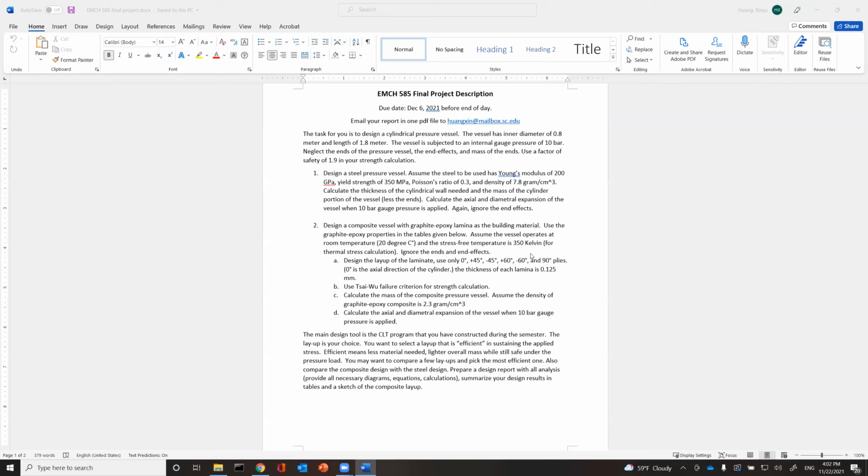And then you probably want to summarize the calculation for either case, and summarize the whole design, metal case, composite layup 1, composite layup 2, in a table, comparing them in terms of mass, volume, deformation, things like that. Okay, thank you.